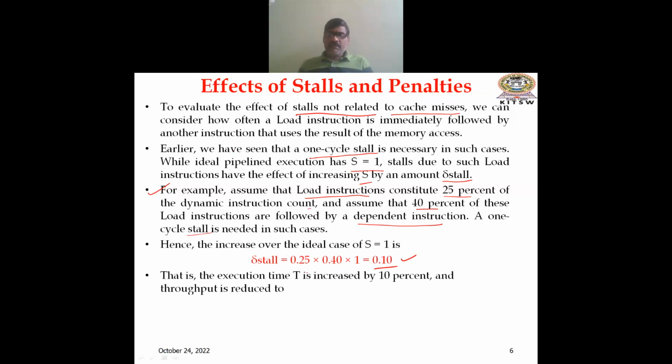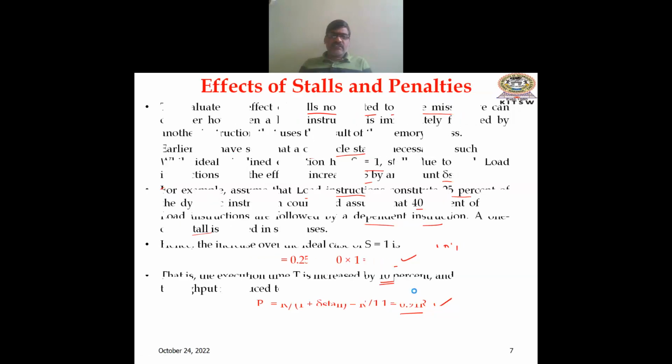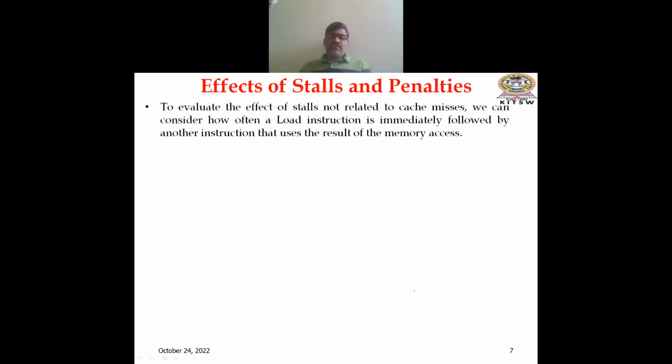That is, the execution time is increased by 10% and throughput is reduced to R_P equal to R divided by 1 plus delta stall, which is equal to R divided by 1 plus 0.10, which is 1.1, so which is equal to 0.91 into R. So that is the throughput which is calculated.